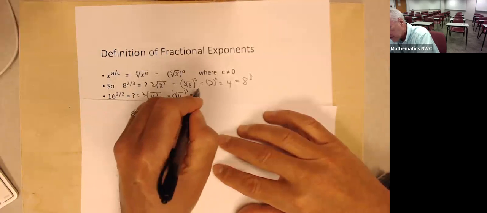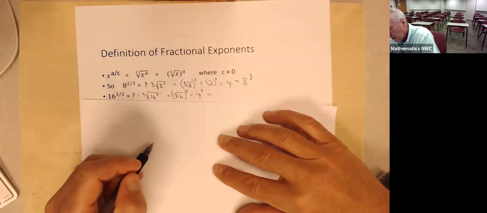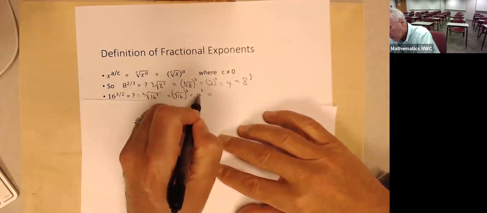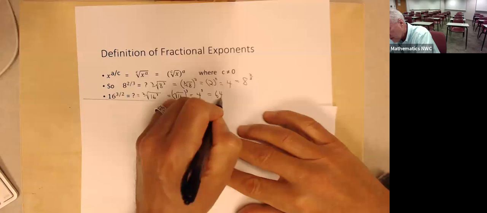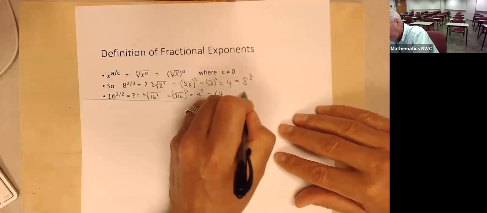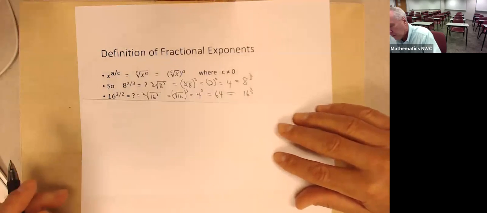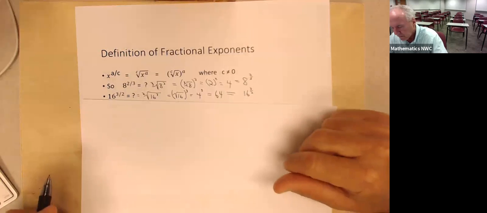The square root of 16 is 4. So I have 4 cubed. And that will give me then 4 times 4 times 4, which is 64. That means this 16 to the 3/2 had to be equal to 64.